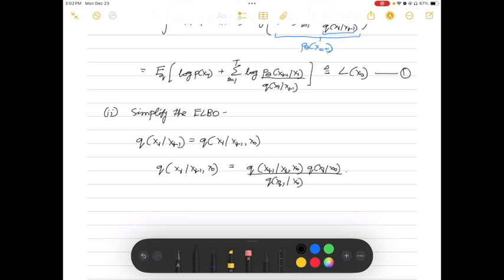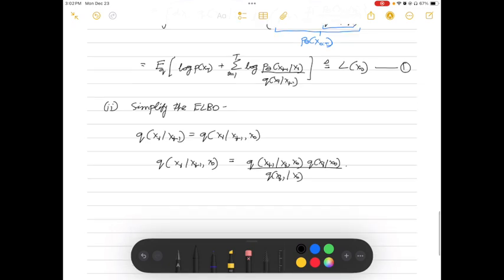So the conditional distribution of xt given xt minus 1 and x naught is nothing but the product of the posterior xt minus 1 given xt and x naught times q of xt given x naught, divided by q of xt minus 1 given x naught.